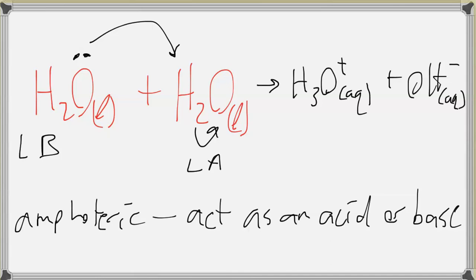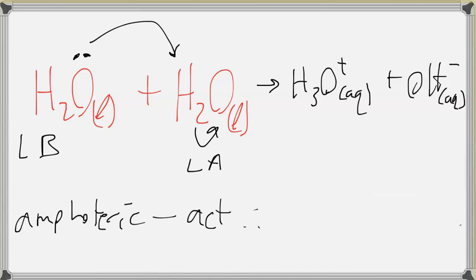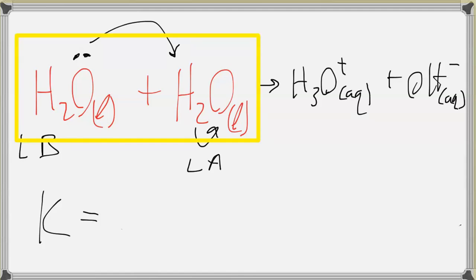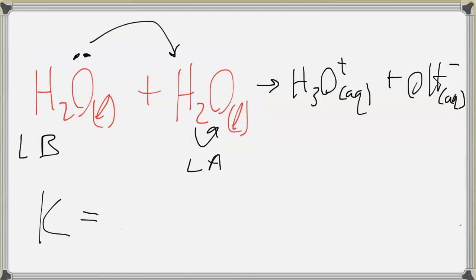Okay. So if we measure the concentration of H3O plus and the concentration of hydroxide in solution, we can get an idea of the equilibrium constant. If we were to write an equilibrium constant, K, for this, it would be products over reactants. But if you look at the reactant side, both of those reactants are liquids, so their concentration isn't changing over time.